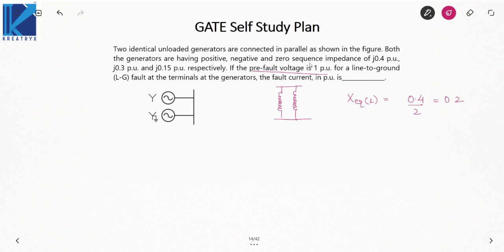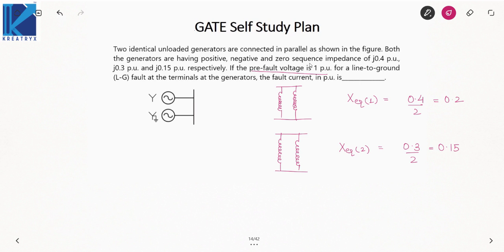You have to draw the three sequence networks and you always have to find the equivalent reactance. So that is why I have found out the positive sequence. The same thing I will do for negative sequence. Okay. Again, negative sequence network will be in parallel. 0.3 by 2, it will be 0.15.